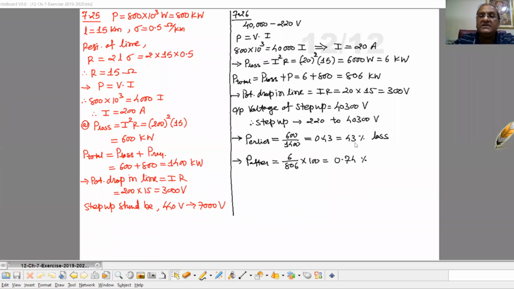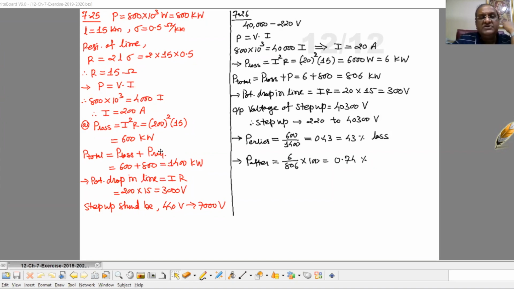But now in this situation, when the transfer is done at 40,000 volt, then see total transferred 806, loss that takes place, that is 6 only. So percentage power loss, if we calculate, multiply by 100, so that is 0.74% only. So we can observe this thing here in example 7.25.